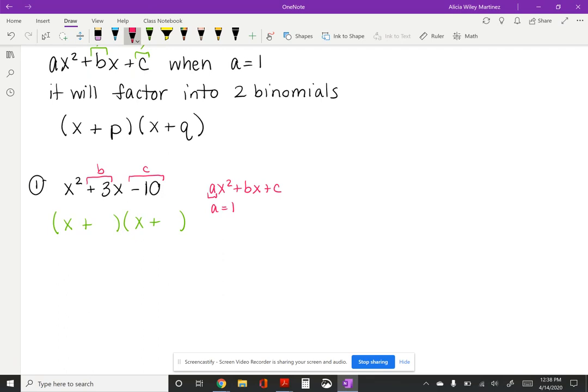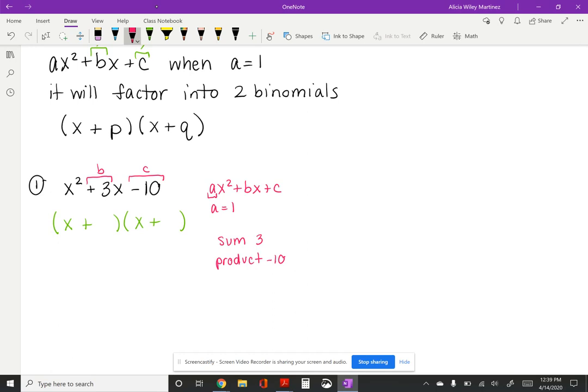So what we have to do is come up with a pair of numbers that has a sum of my b value, which is 3, and also a product of my c value, which is negative 10. So what I like to do is think about products of negative 10, and then I'll figure out which one has a sum of 3. You can do this thought process in your head, or you can write things down to think about it visually on the paper.